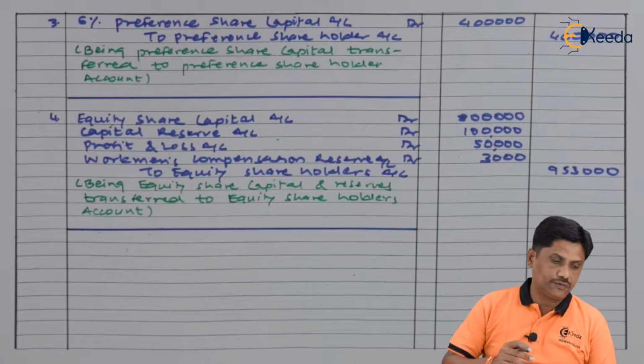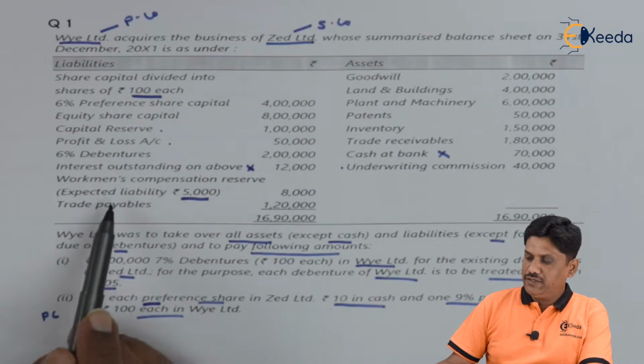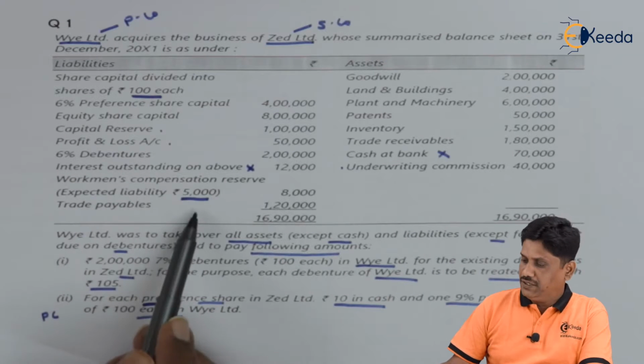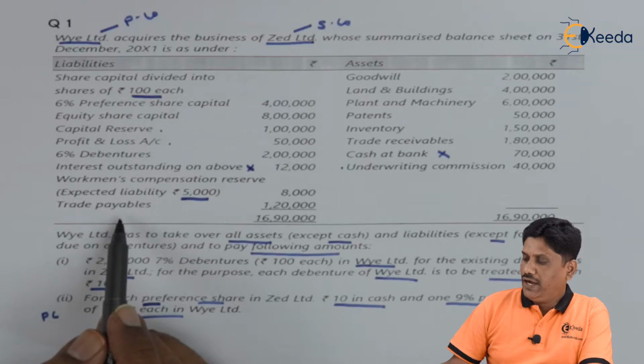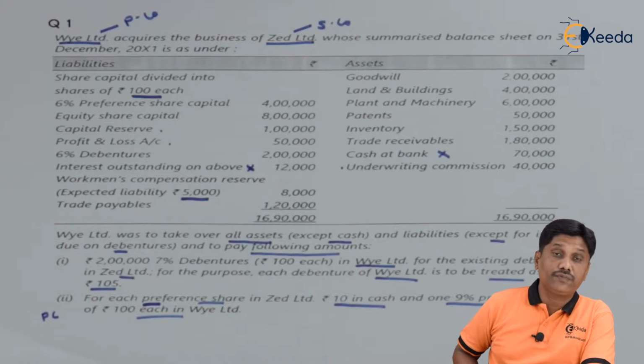Let us see the remaining amounts. Debentures, interest on debenture, workman compensation liability 5,000, and trade payable we will transfer to the realization account.